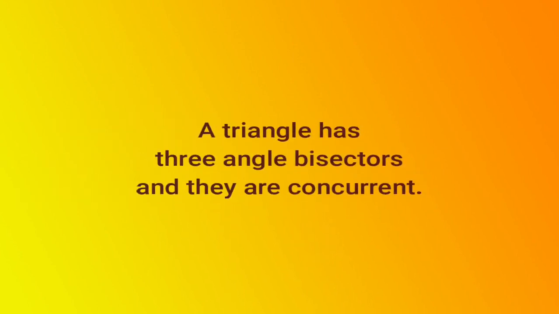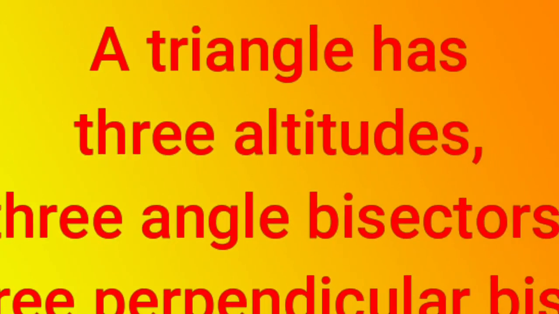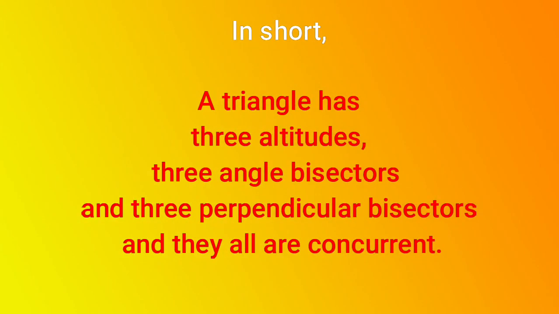A triangle has three angle bisectors and they are concurrent. In short, a triangle has three altitudes, three angle bisectors and three perpendicular bisectors, and they all are concurrent.